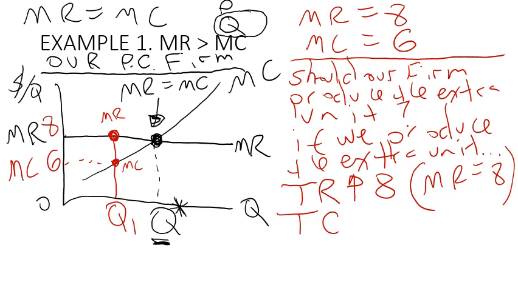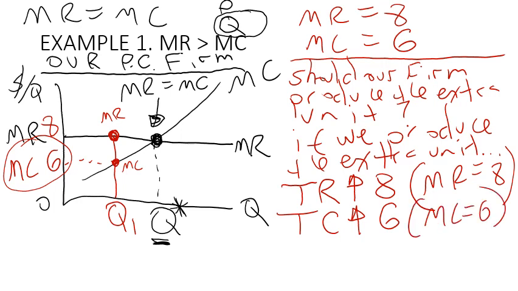You just saw total revenues went up by $8. It will also affect total cost. So by producing this extra unit, total cost increased by $6. Why $6? Because that's the value that we assign to marginal cost. So marginal cost is $6.